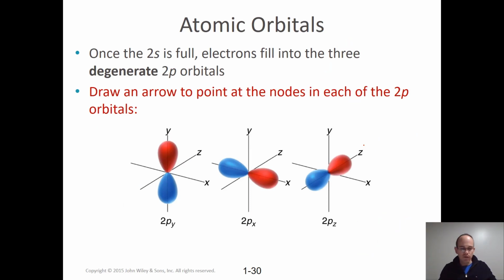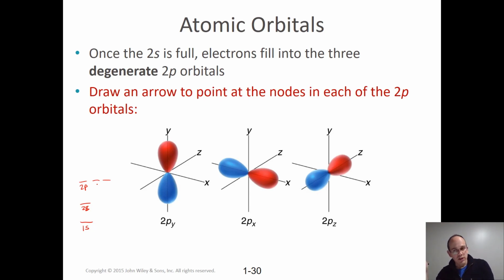All right, so if you remember when we drew all of those electron configurations, starting with the 1s, going to the 2s, and then when we got to the 2p, you saw me do this earlier in this chapter. I drew three different lines, and those three different lines represented the three different orientations of the 2p orbitals.